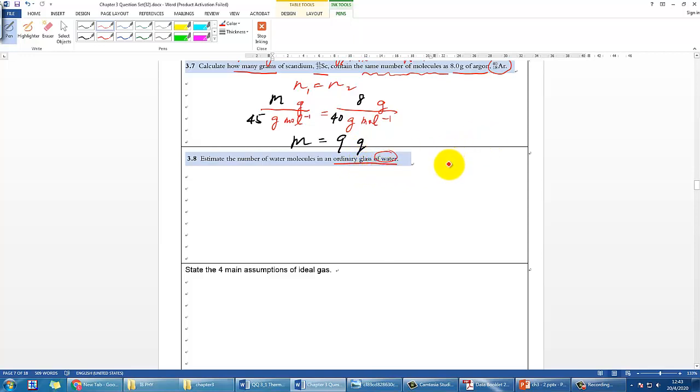So normally I would say for a glass of water, it should be around 500 ml. Or it really depends on the size of the glass itself, but let's say it's 500 ml. If you know about the density of water, be careful, this is volume. So you have to convert to mass first, but luckily for water, the density is simply 1, so you can convert this to 500 gram simply.